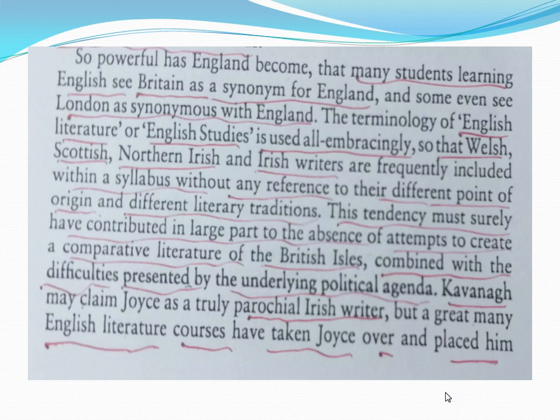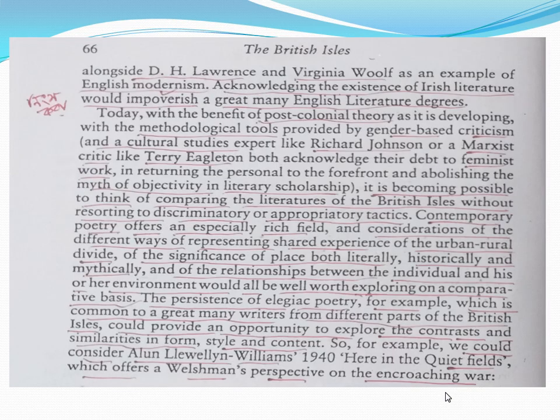Kavanagh may claim Joyce as a truly parochial Irish writer. But a great many English literature courses have taken Joyce over and placed him alongside D.H. Lawrence and Virginia Woolf. That means Virginia Woolf and D.H. Lawrence can be examples of English writers.